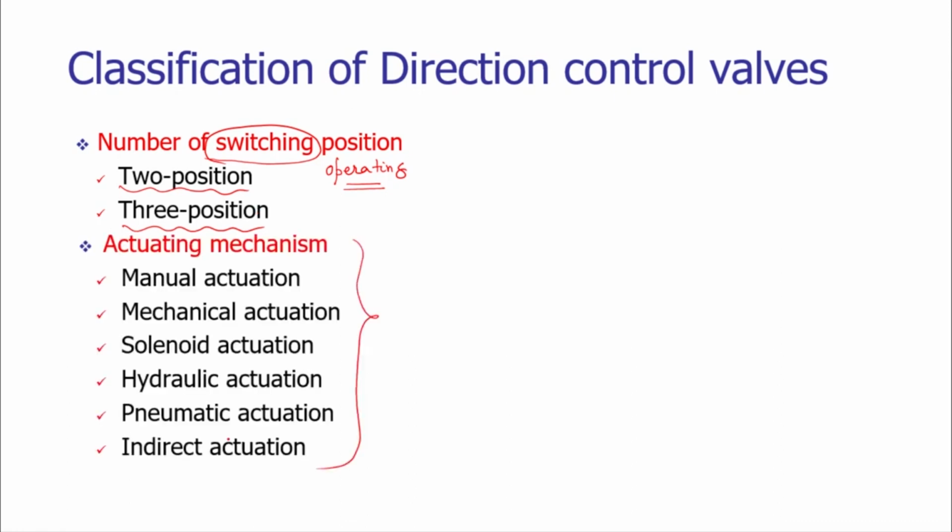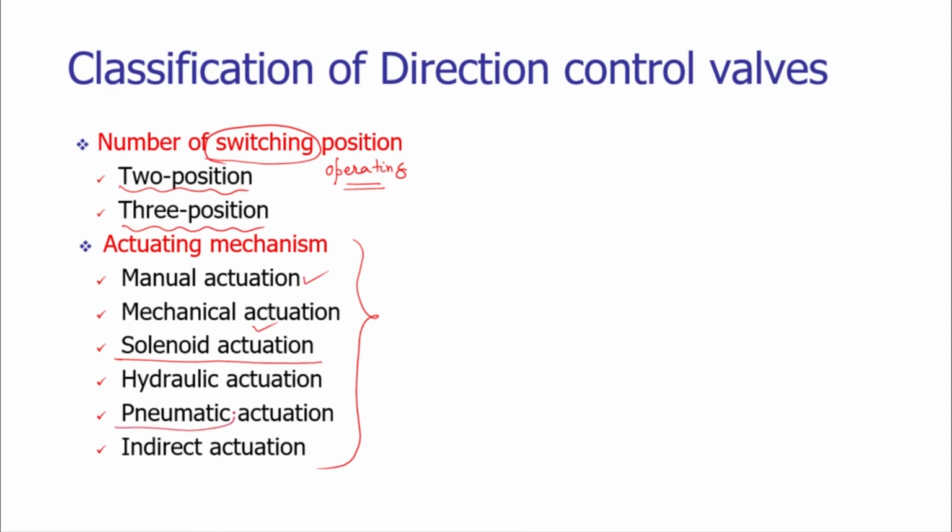Actuation mechanism. How do you actuate the directional control valve? We can have the manual actuation, mechanical actuation, or electrical actuation that we call the solenoid actuation. We can use the hydraulic energy itself to operate the control valves.